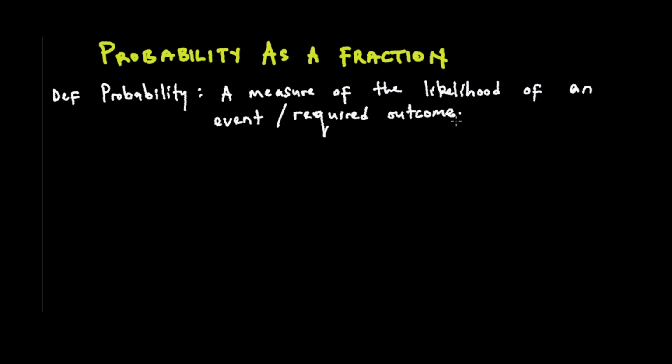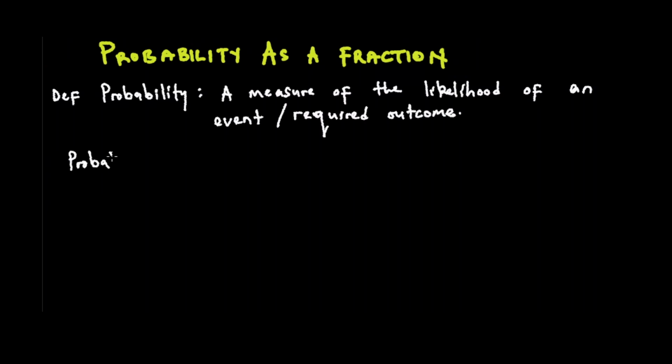That is what we are referring to. An outcome which we want, which we require, we call that an event. A measure of the likelihood of that happening is probability. And probability is usually given as a fraction.